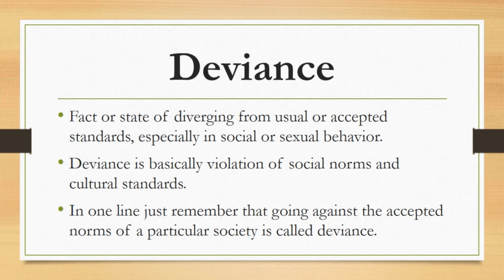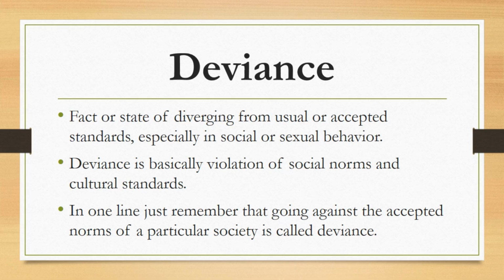The meaning of the word deviance is the fact or state of diverging from usual or accepted standards, especially in social or sexual behavior. We can further simplify it by saying that deviance is basically violation of social norms and cultural standards.